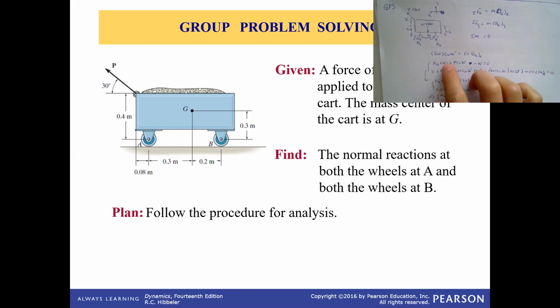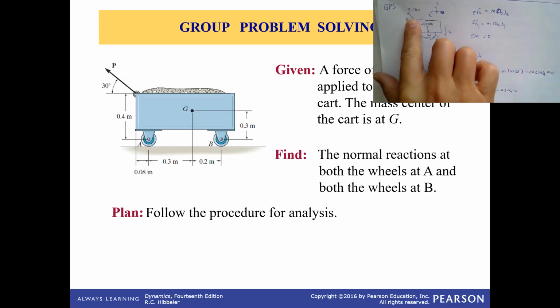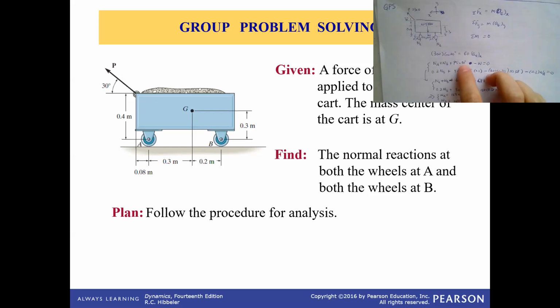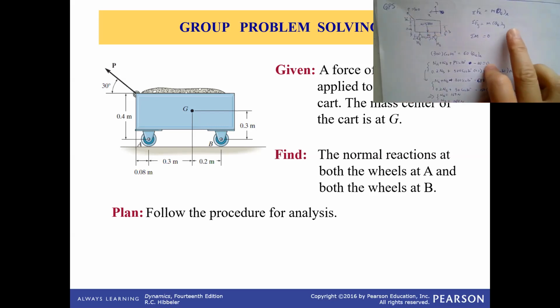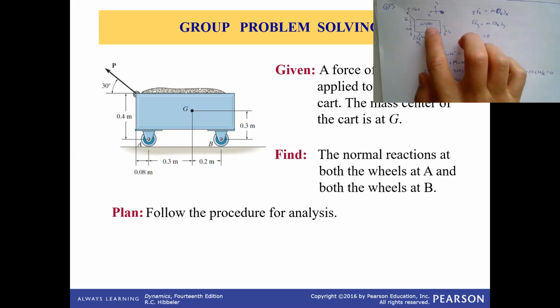So you have two normal reactions plus the Y component of this P force. Okay, so P sine minus the weight, that should go to 0 because the Y component of acceleration should be equal to 0. All right. Now, the net moment of the system should also be equal to 0 because it only has translational motion, not rotational.